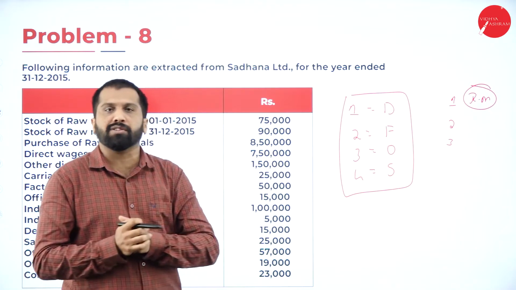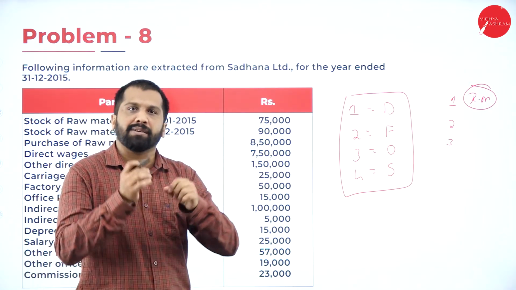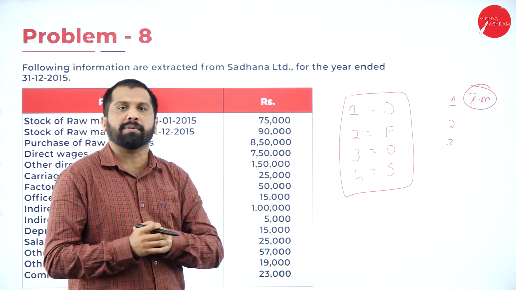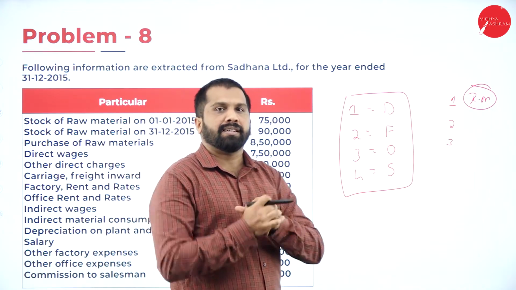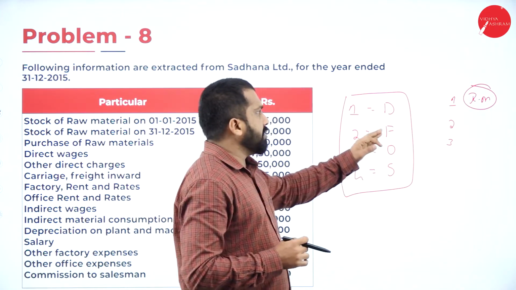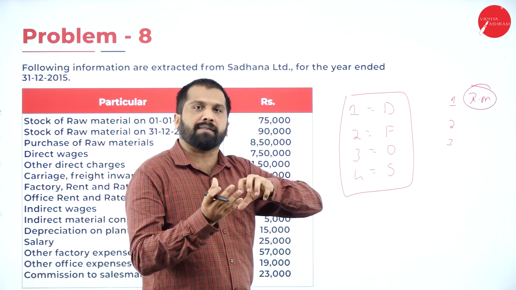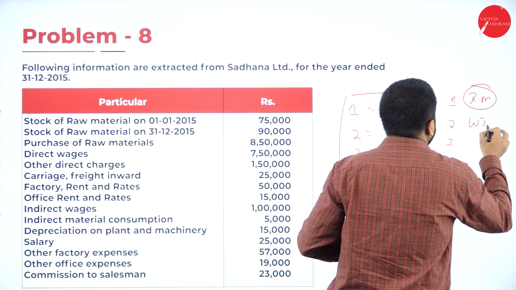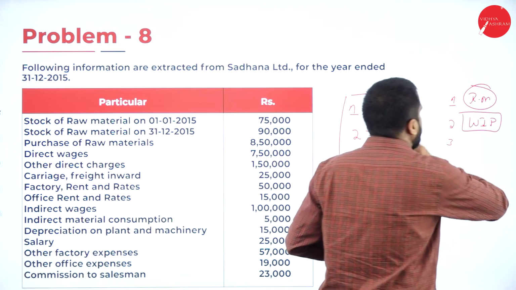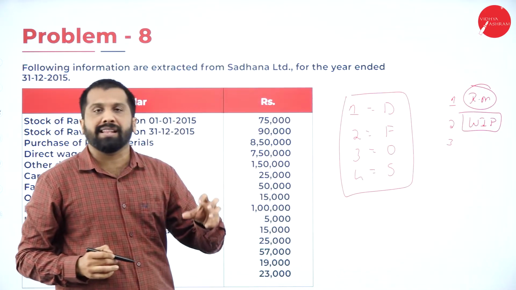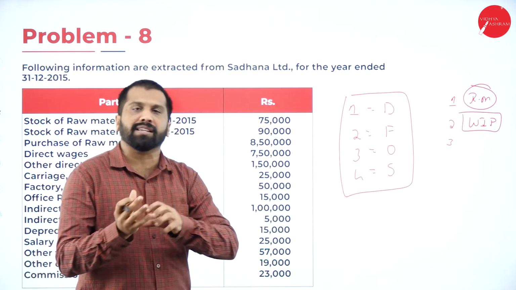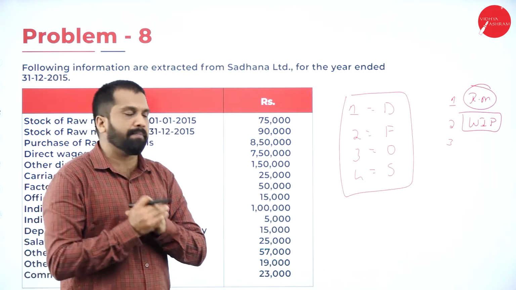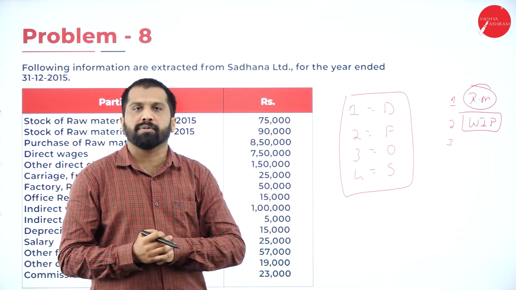Have you seen shoes with wool and all? No, because it is cleanly polished. All that polishing work, the first step, we call work in progress. Work in progress means the pure leather converted into a little polished one.